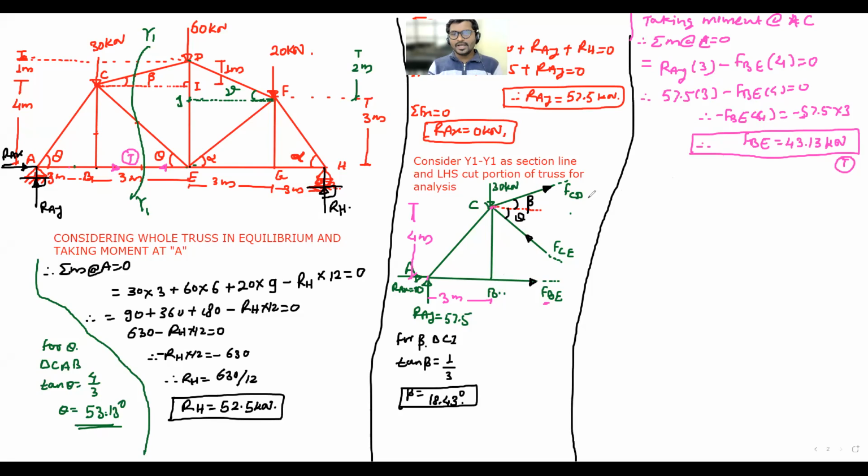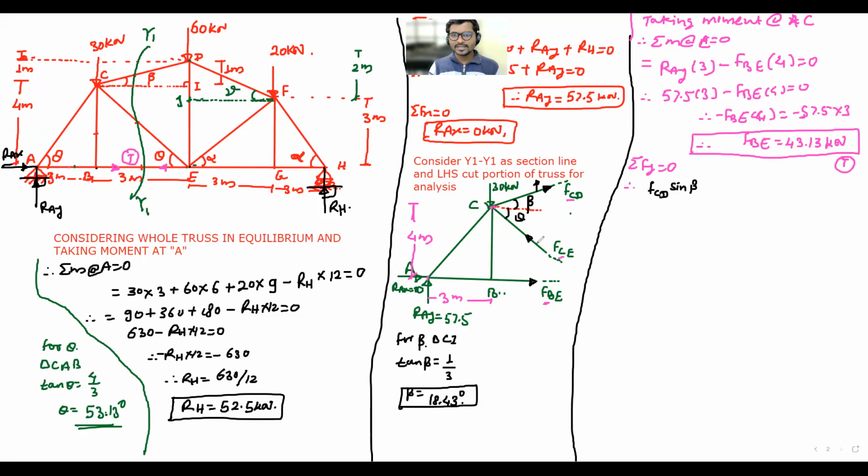Then now we will be required to go for FCD and FCE. Tell me what we have to do. Then go for summation of forces along y-axis equals 0. What about the component of CD as per our assumed direction? We took it upward, so plus. So plus FCD sin beta.